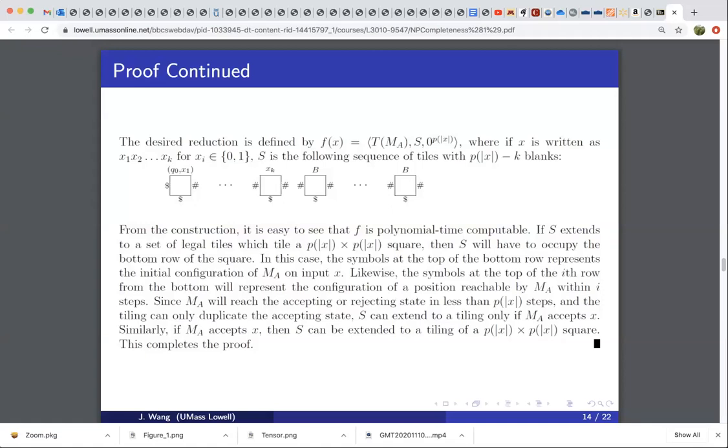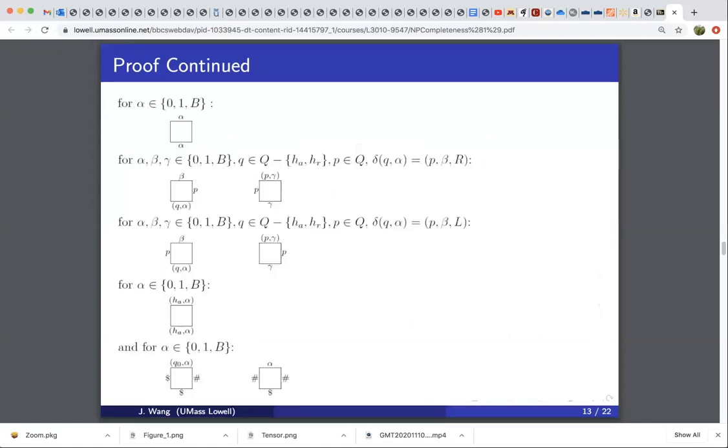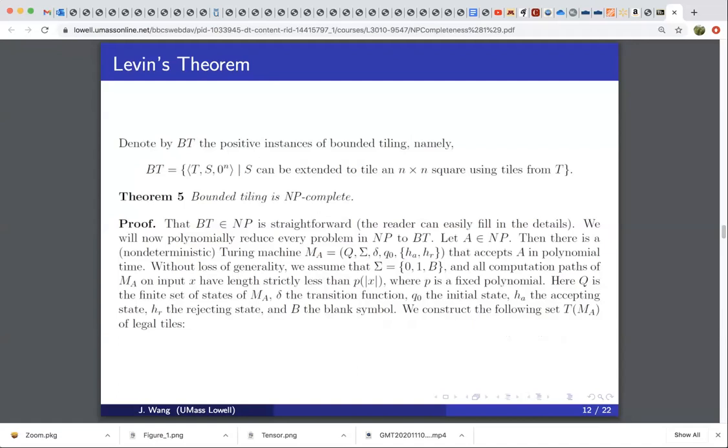So we say that MA on input X has length strictly less than P of length of X. Okay, so that's any computation path. So that's my P prime. Now we're not going to write P prime anymore.